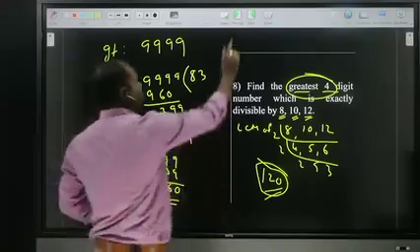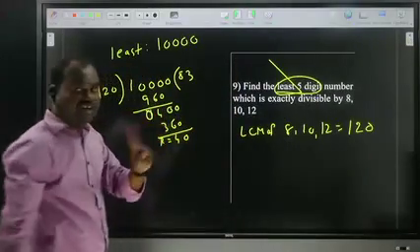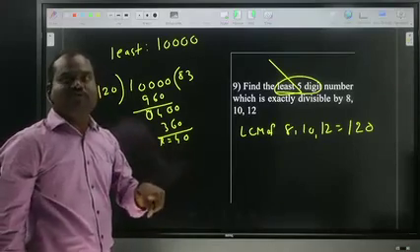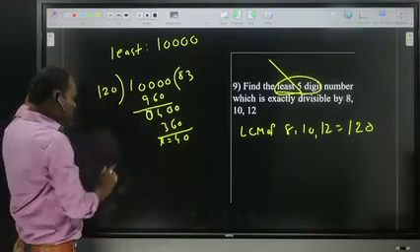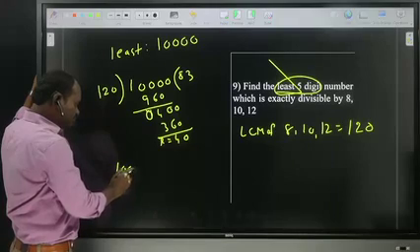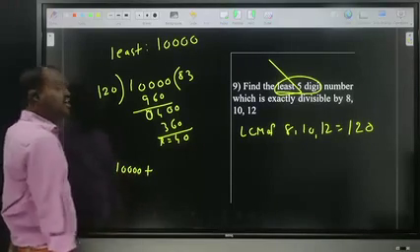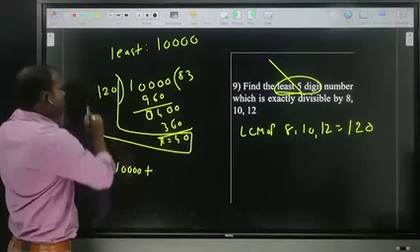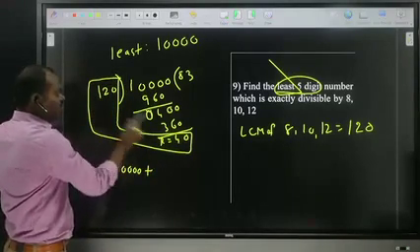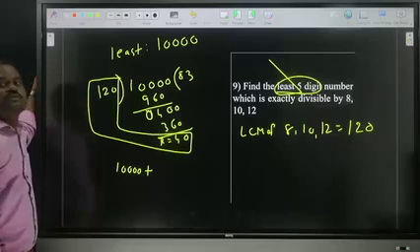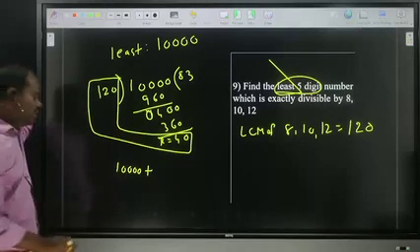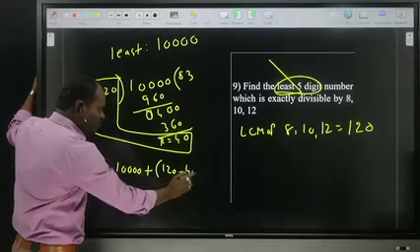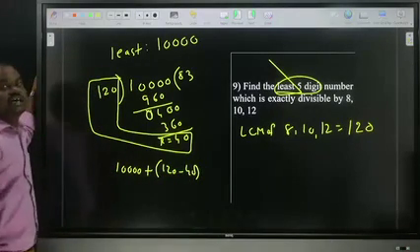but when in the present our question is smallest, we should not subtract, we should add. What we need to add: for 10,000 we should add the difference of these two, the difference of 120 and 40. 120 minus 40, how much? 80.